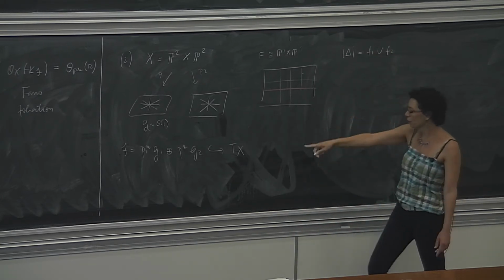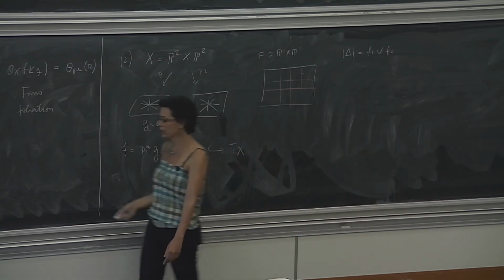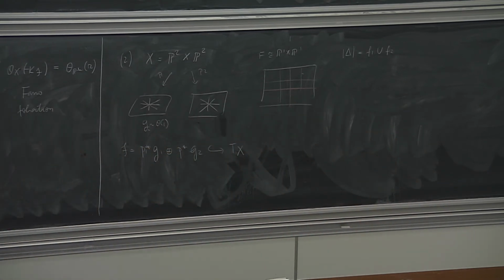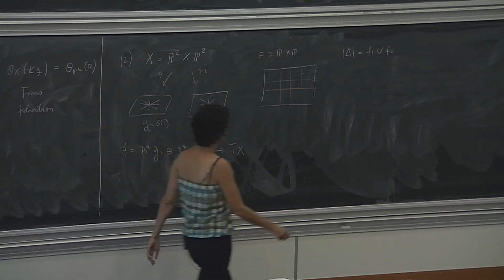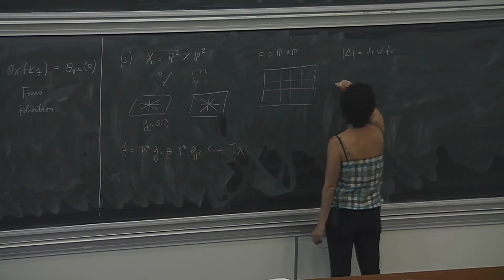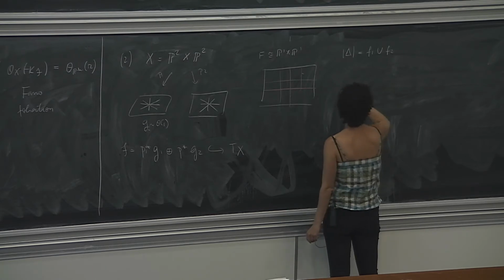And now if you compute the canonical of the foliation and the canonical of the leaf, and you apply the adjunction formula, then you get that in this case, again, the delta is reduced.